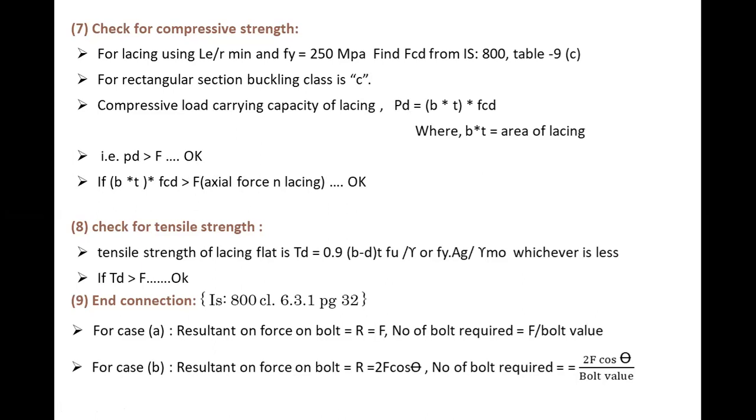Next one is a check for tensile strength. For checking tensile strength, we calculated some examples in tension members, right? So the tensile strength of lacing flat TD is equal to 0.9 (B minus T) multiplied by T multiplied by Fu divided by gamma, or Fy multiplied by Ag divided by gamma M0, which is given in the design of tension members, right? Whichever of the two equations is less, we will take it.